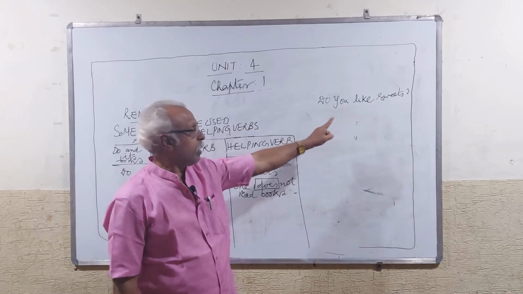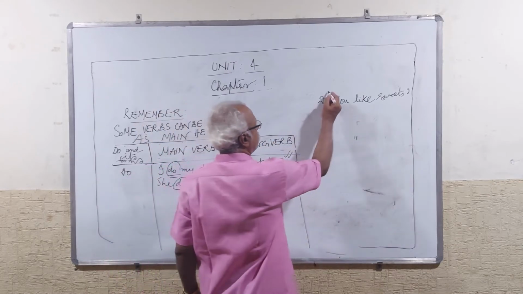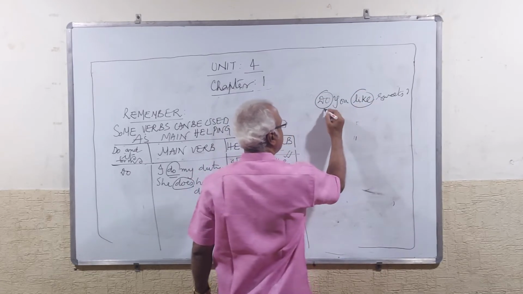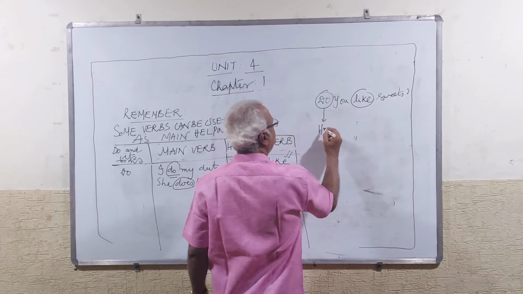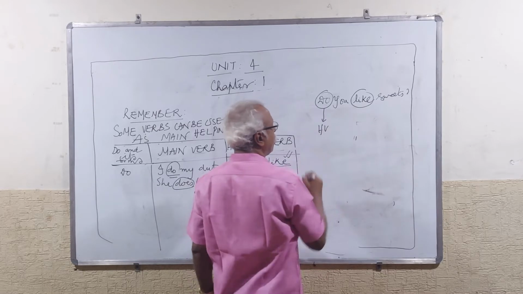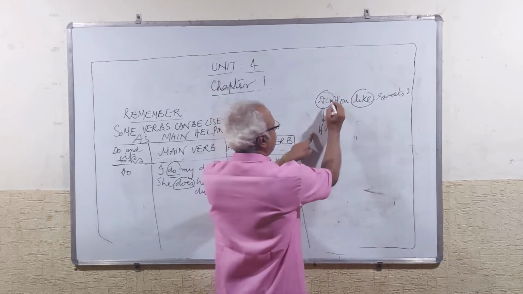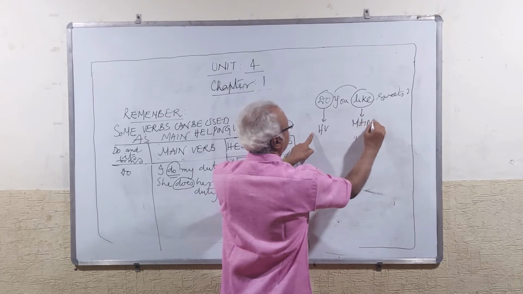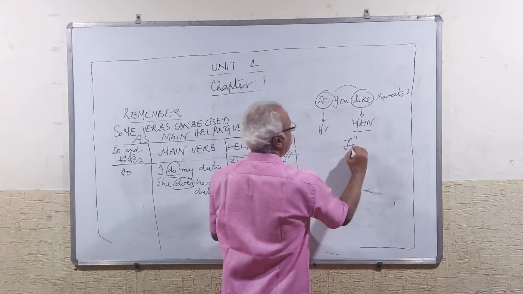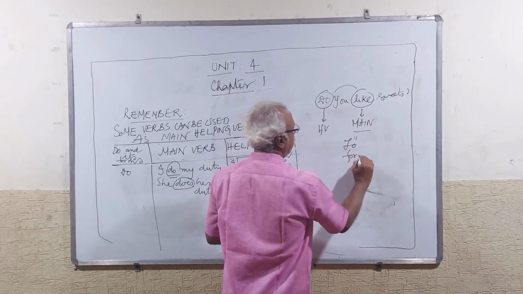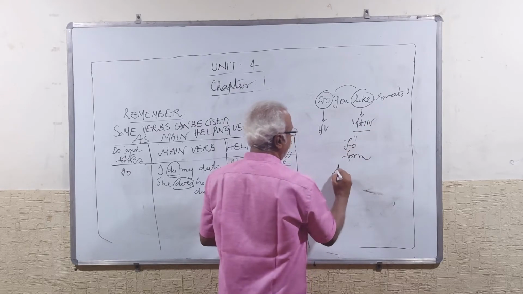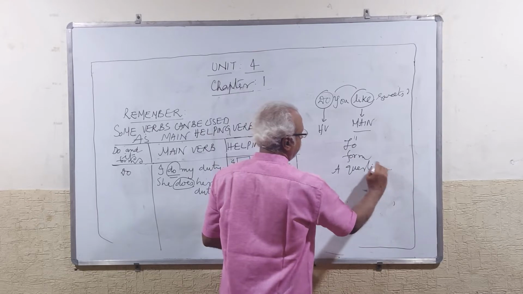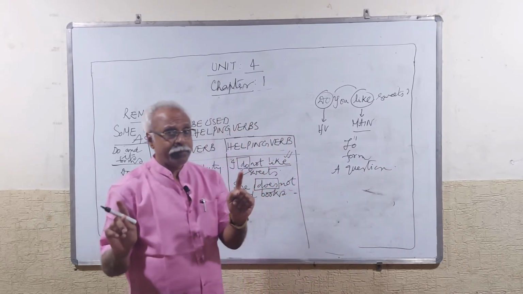What is the verb here? Do. What is another verb? Like. What does this do do? Verb only. It is a helping verb. Why? It is helping like, which is a main verb, to form what? An interrogative sentence or a question. I hope I am clear?